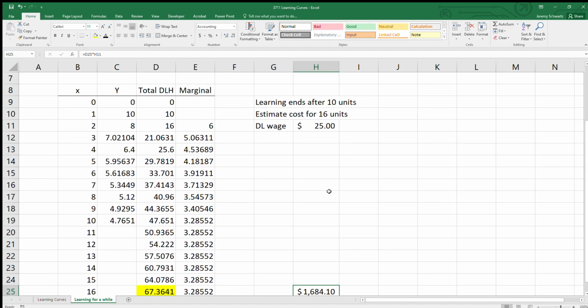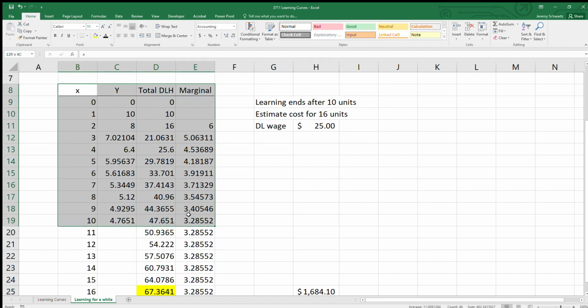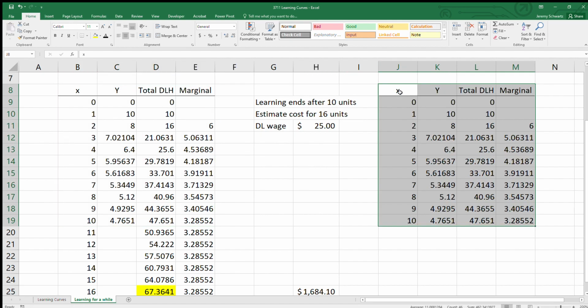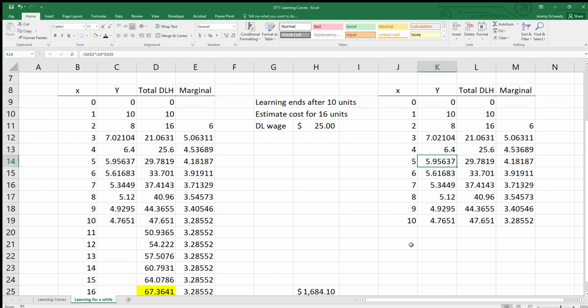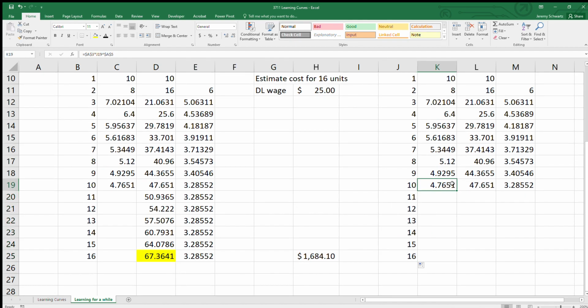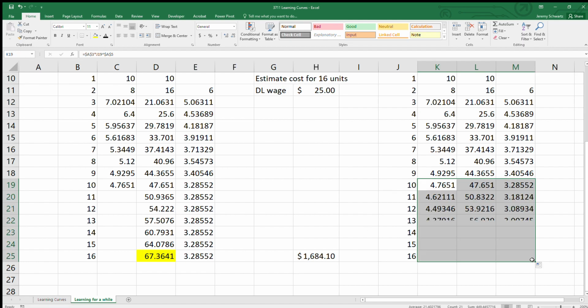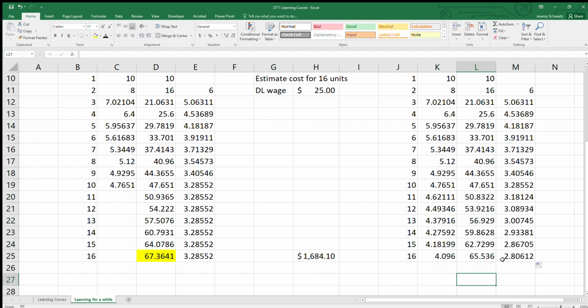Now again, compare this to if we were to copy this formula over here and learning were to continue to take place. Notice that now the learning would be at 65.